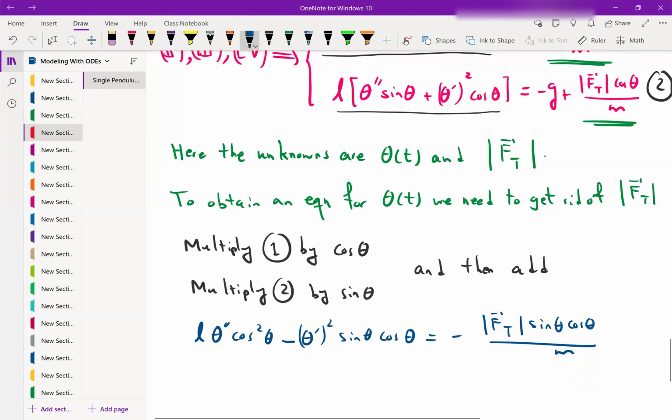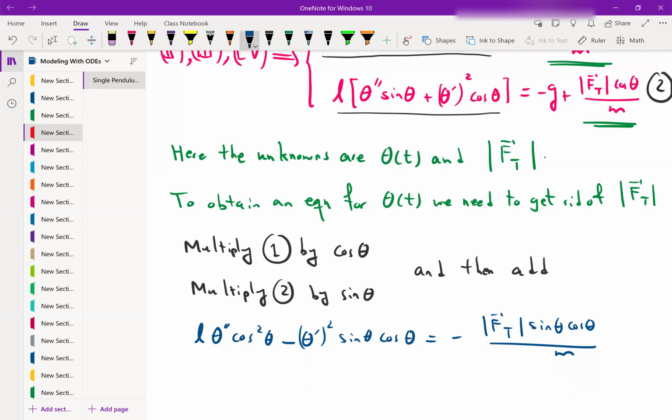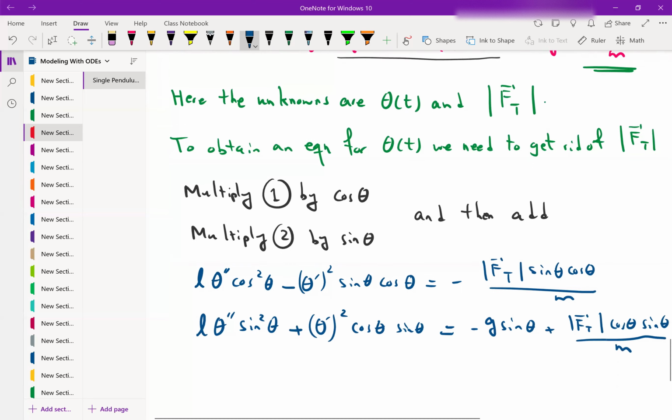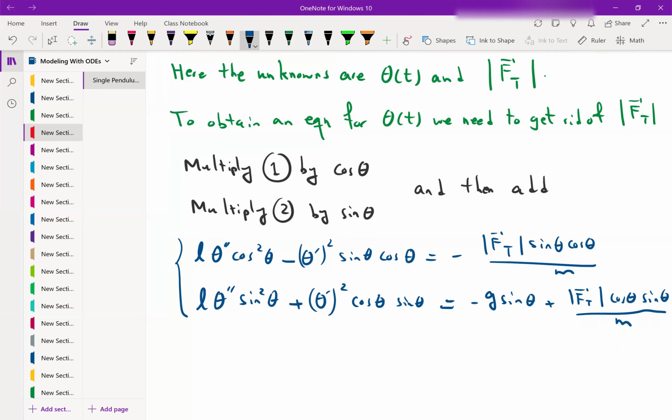And now I'm going to multiply the second equation by sine theta. I will get L theta double prime sine squared theta plus theta prime squared cosine theta sine theta. It is equal to negative G sine theta plus the magnitude of the tension force cosine theta sine theta divided by m. And now we will add these two together.